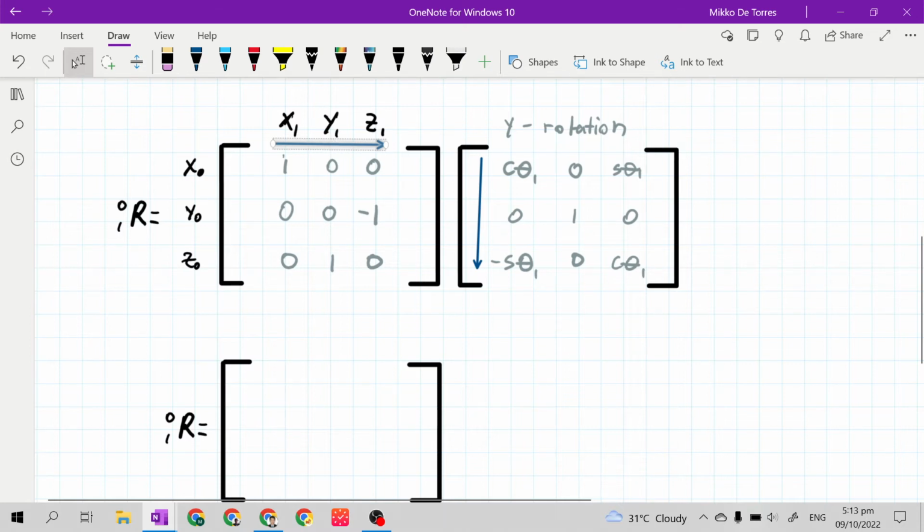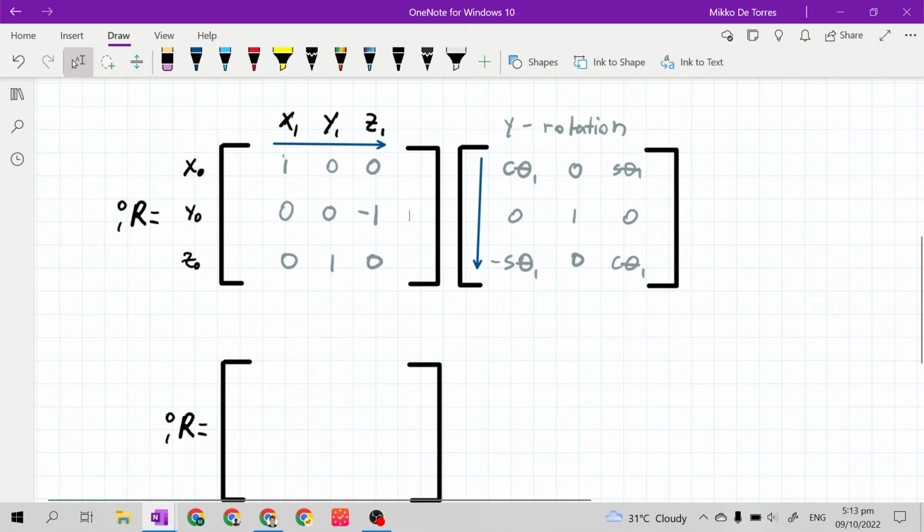Then the second element of the first column will come from the second row multiplied to the first column of this matrix. Then the last element will come from the multiplication of the third row to the first column of this 3 by 3 matrix.